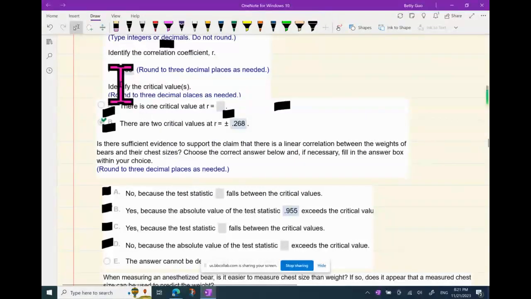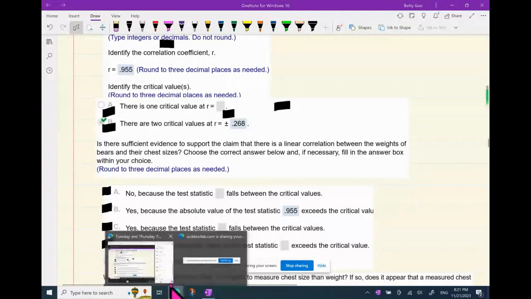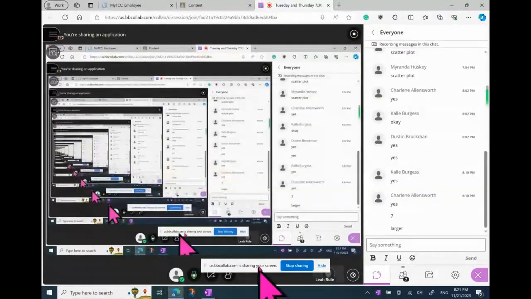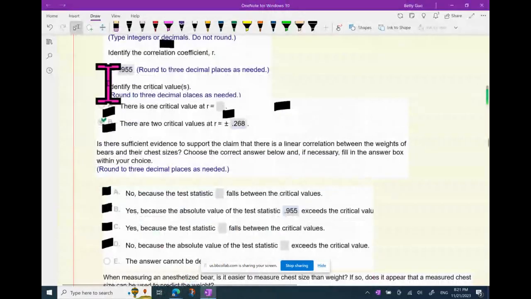So how does the absolute value of r compare with the critical value? Is it bigger or less than or equal to? It's bigger. Thank you, Charlie. When the value of r is bigger than the positive critical value, that means r falls in the critical region, and we need to reject the null.